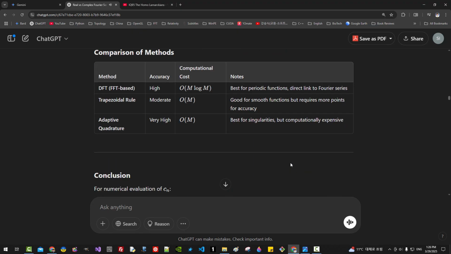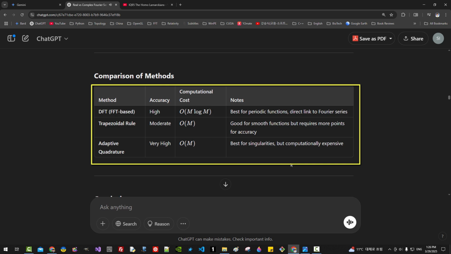Comparison of methods: accuracy, computational cost, notes. DFT, FFT based, is best for periodic functions, with a direct link to the Fourier series. Trapezoidal rule has moderate accuracy, good for smooth functions but requires more points for accuracy.